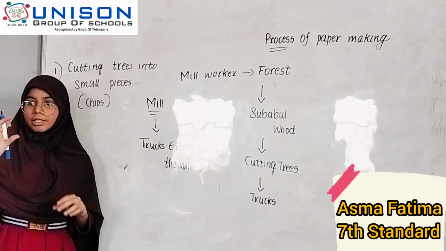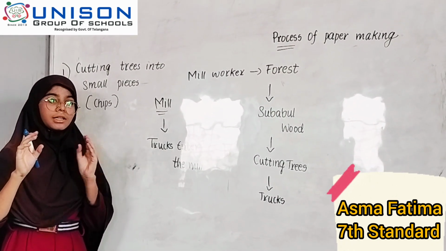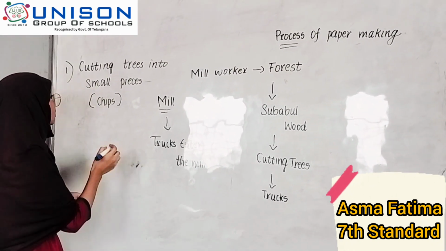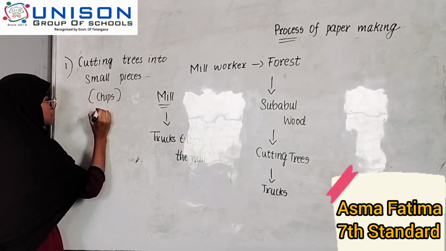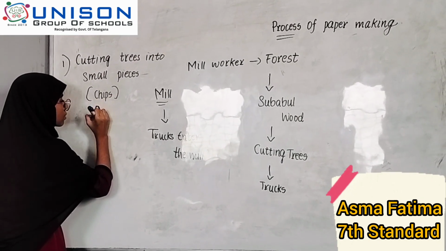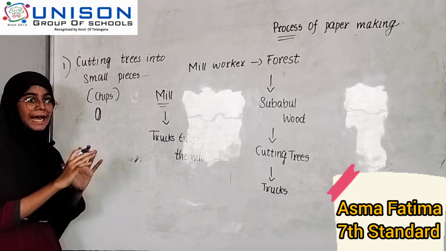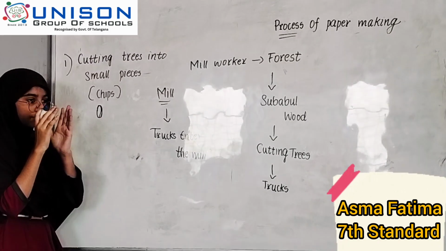As we know, chips are small pieces cut from any object. So they cut the trees into chips like this. They will be large pieces, but very thin.